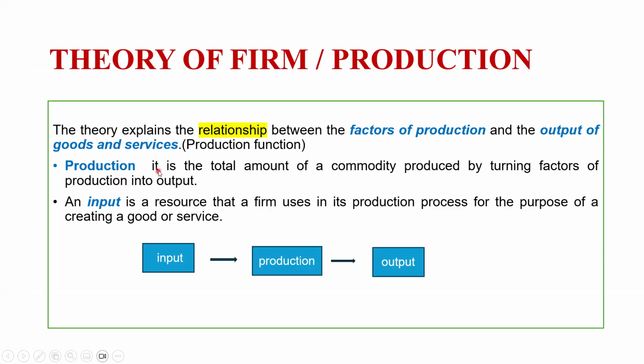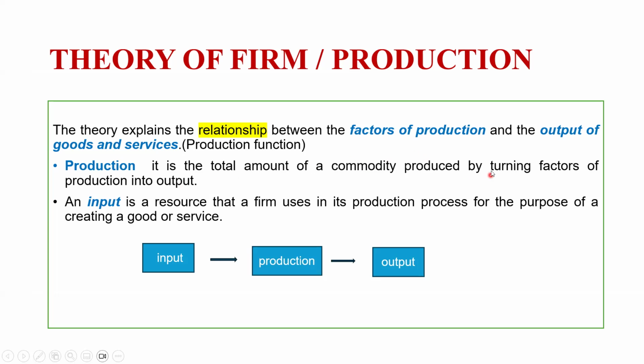So here they're saying that it is the total amount of commodity. These are items that have already been produced. So these are the total amount of commodities produced by turning our factors of production into output.